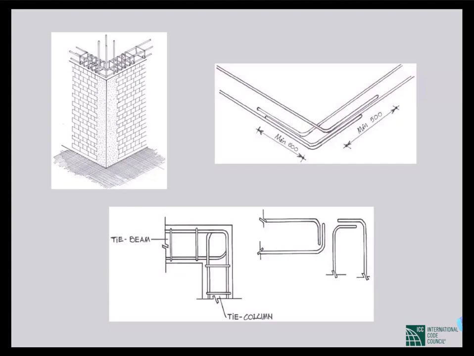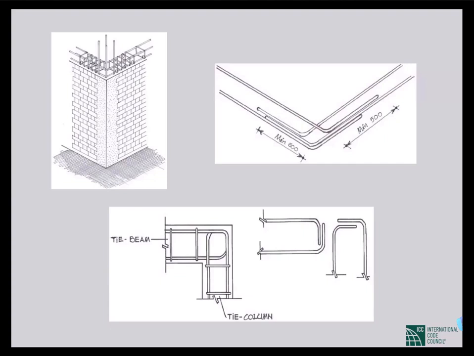Okay, so that was the figure on the top right, and the figure in the bottom is the joint between a beam and a column, how the anchors or hooks should look like. They are shown.